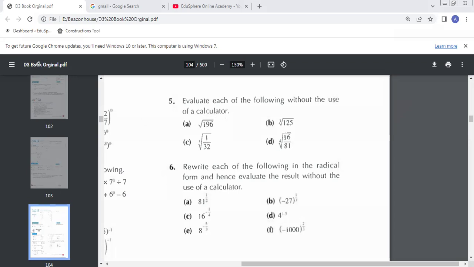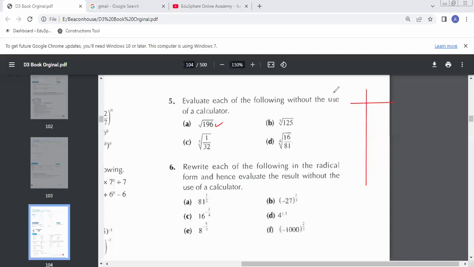So let's start. First of all, we have 196 under the square root sign, so we are going to start by taking the prime factorization of 196.